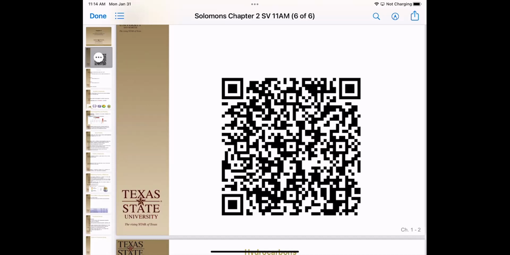You must be logged into the campus web with your net ID. It will automatically populate your name and the time you logged in. And then it just basically goes to a Google form that I keep for the future. Yes? If I don't have a smartphone, is there a link that I could access? Can you scan it with your computer?